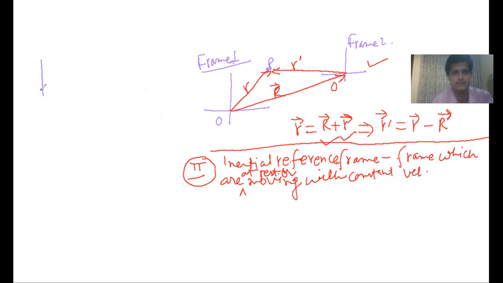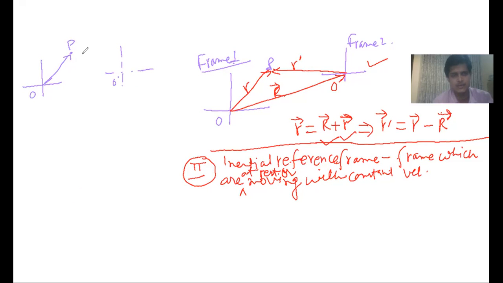This is my first frame, and my second frame, which is initially here, is frame prime, and this is my particle P. Suppose this particle is also moving with a certain velocity. So earlier it is at this point. Now this particle is also moving with a certain velocity.